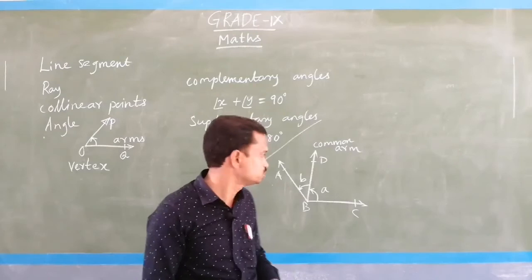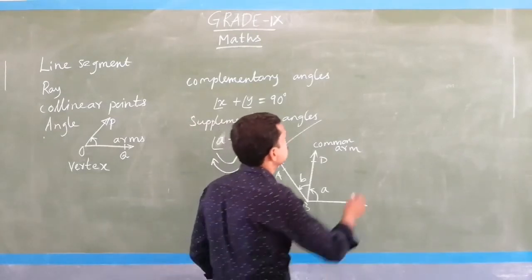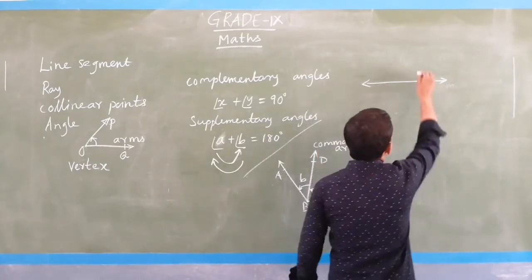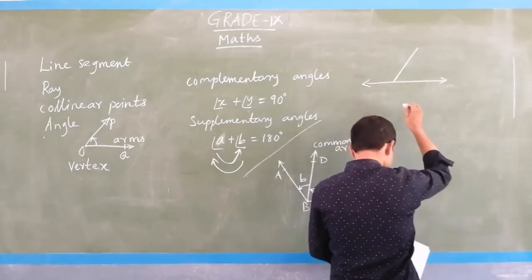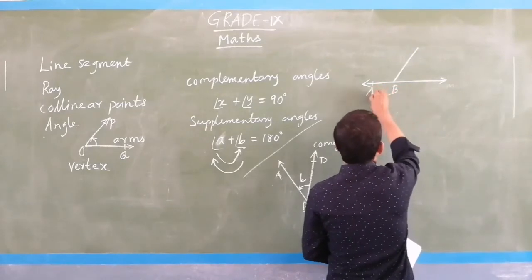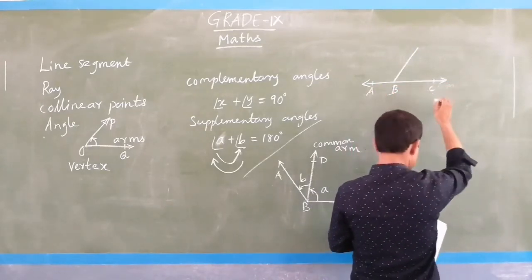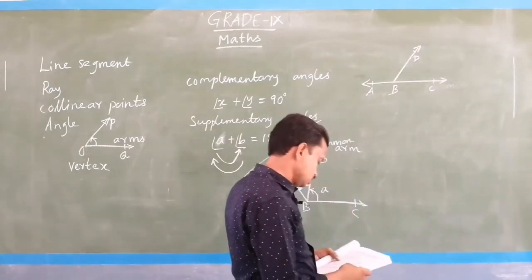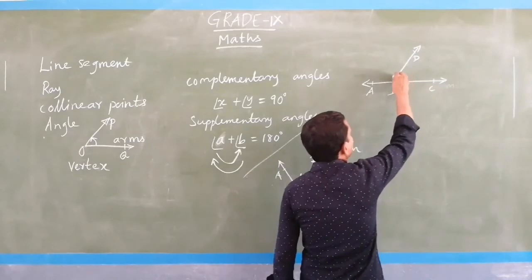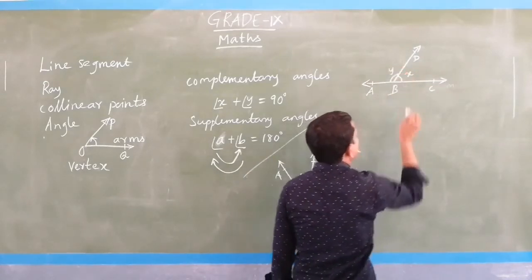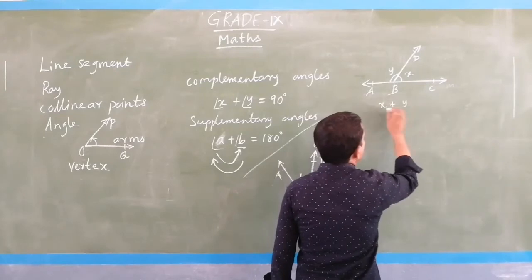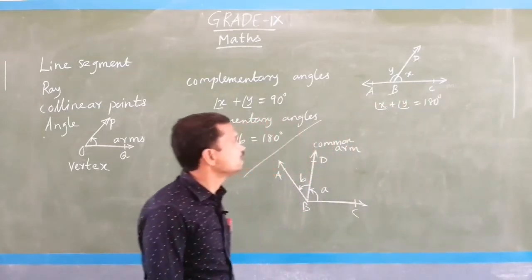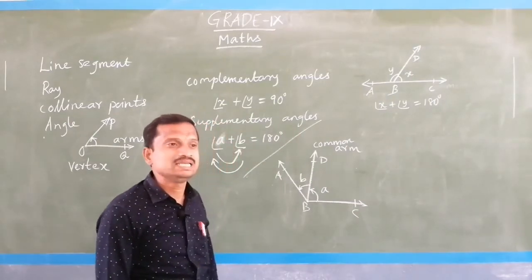And then linear pair of angles. I already explained to you. Linear pair of angles means this is a straight line and you draw a ray from here, we can name it A, B, C and this is D. Okay. A, B, C, D. So, these two angles, for example, this is X and this is Y. If angle X plus angle Y is equal to 180 degrees, then we can say that X and Y are linear pair of angles.